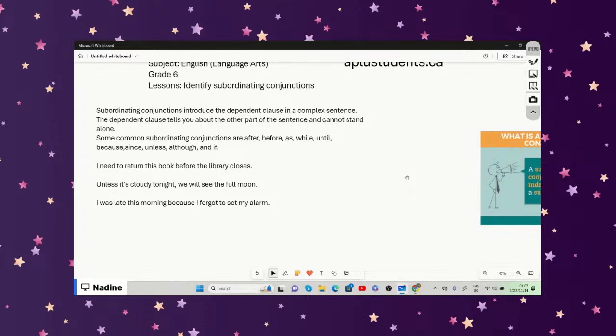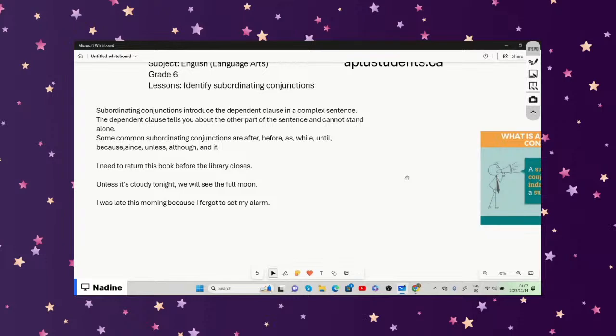And a subordinating conjunction introduces the dependent clause in a complex sentence. Remember, we said that a complex sentence consists of a dependent clause as well as an independent clause. So a subordinating conjunction introduces the dependent clause within a complex sentence.